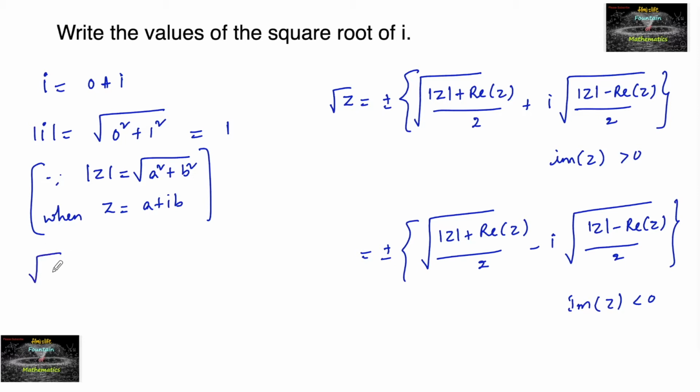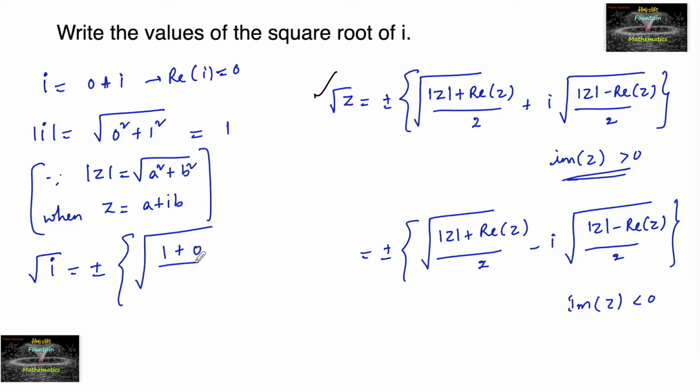Therefore root over i is equal to, since the imaginary part is positive, let us consider the first case and substitute plus or minus under root of modulus of z, that is 1, plus the real part of i, which is 0, upon 2, plus i times root over modulus of z, that is 1, minus 0, upon 2.